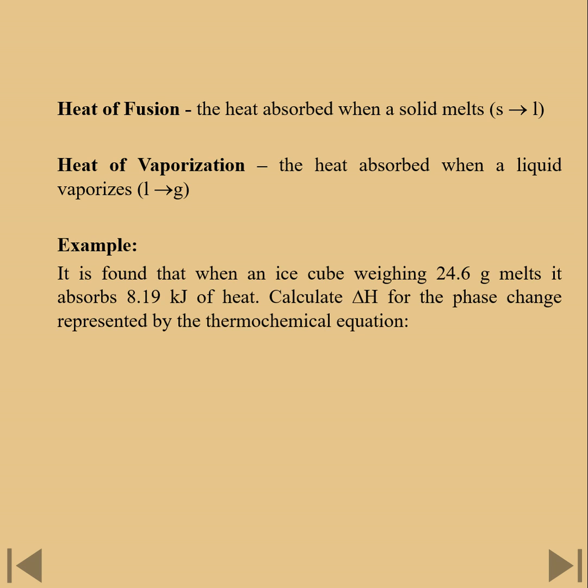Let me show you through an example. We're told it's found that when an ice cube weighing 24.6 grams melts, it absorbs 8.19 kilojoules of heat. Calculate delta H for this phase change. Okay, well, first I might want to balance that chemical equation, and it does look balanced. Then I'm actually going to be able to use my units for this.